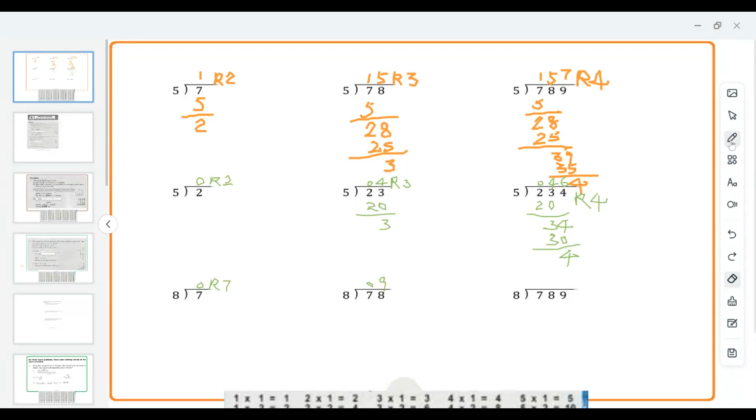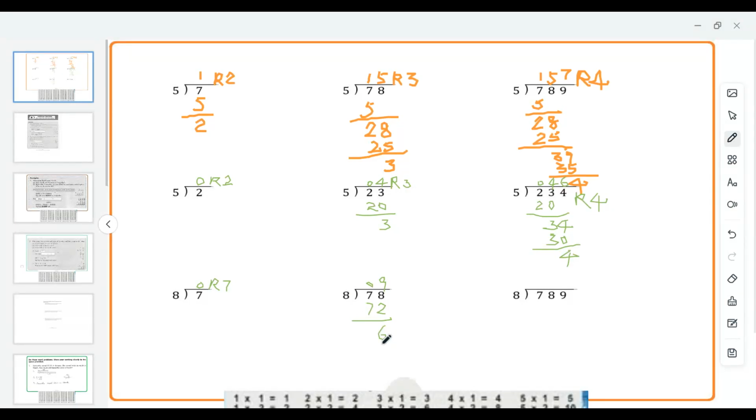Okay, let's do that again. 72. And now 78 take away 72, left over is 6. 6 is too small for 8.